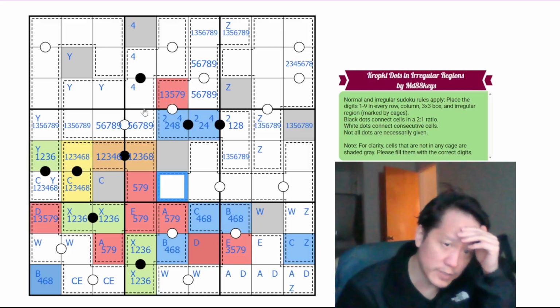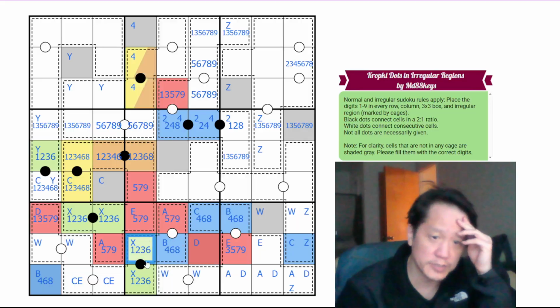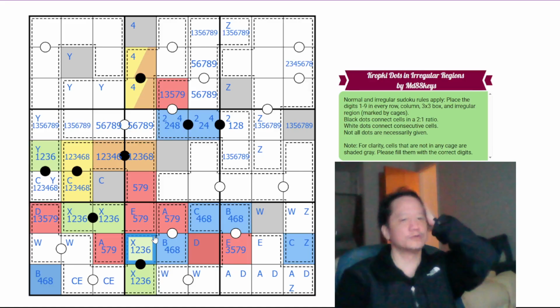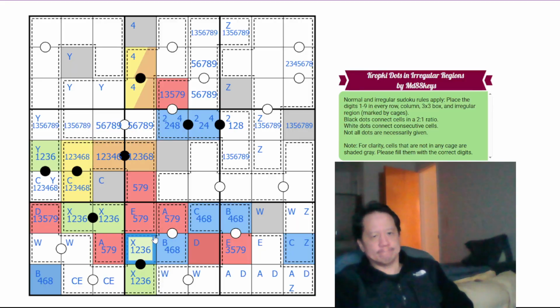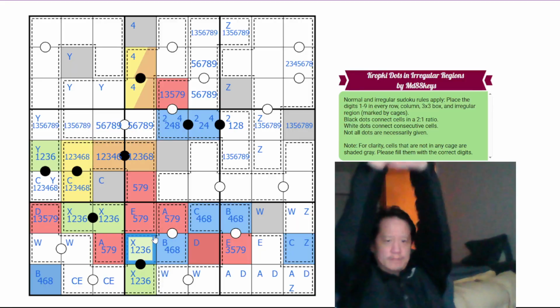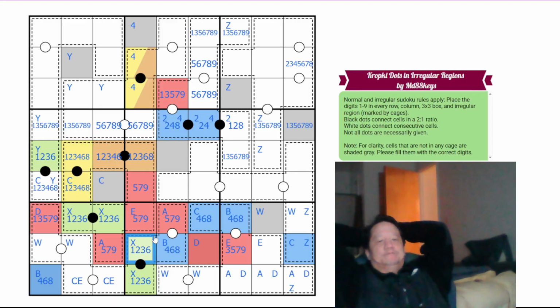So this has to be either orange or yellow as a pair because it can't be green as a 1-2 pair. Okay. Or it could be some combination.